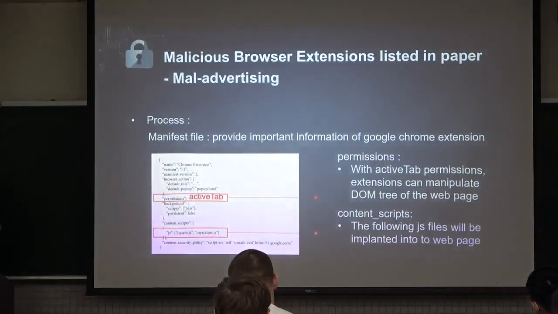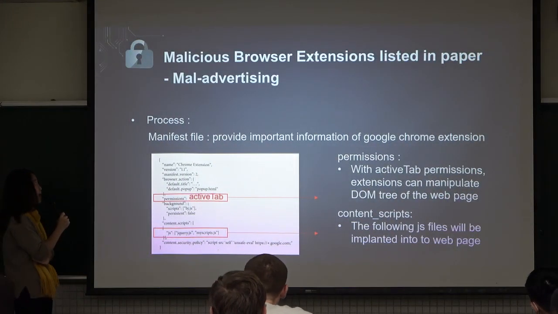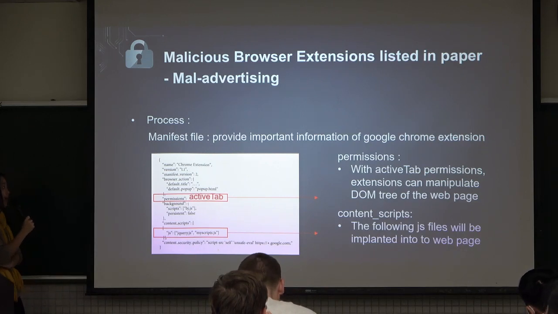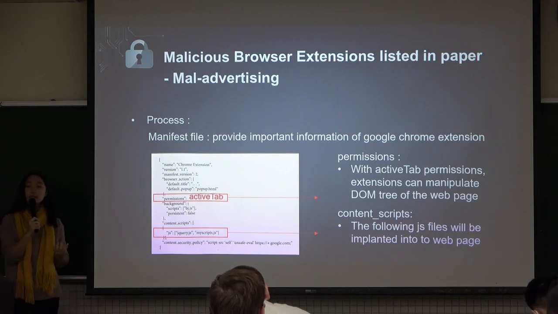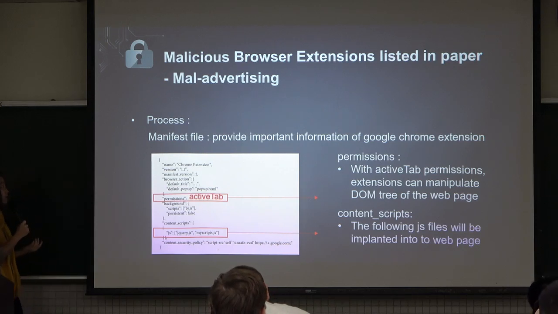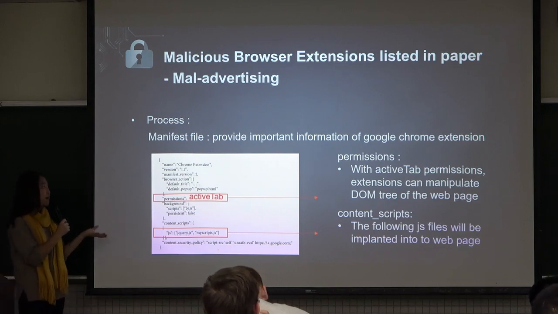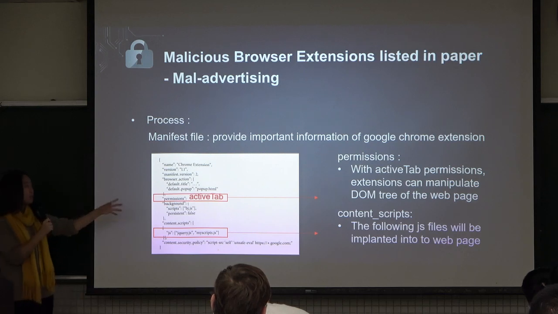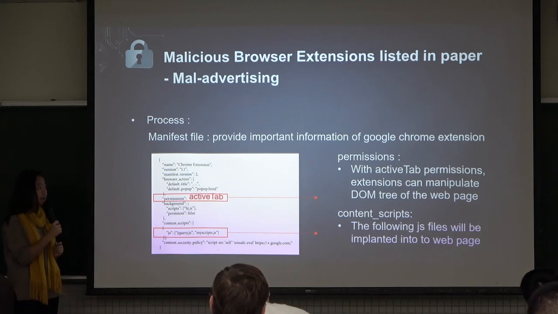And now I'm going to introduce the third attack method of malicious Google Chrome extensions, mail advertising. Before more details, I think we should have a preliminary understanding of manifest files. A manifest file is the file that provides important information about a Google Chrome extension. So let's take a brief look at two fields, the permission field and the content script field.